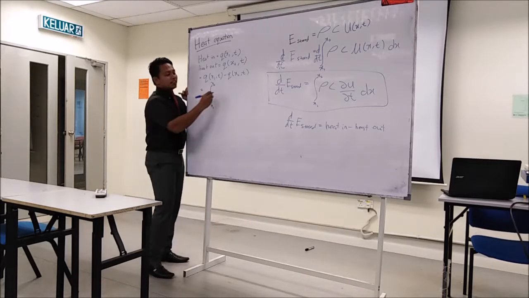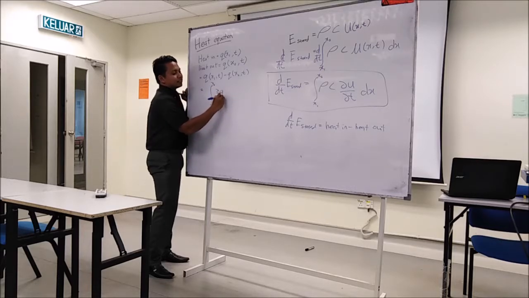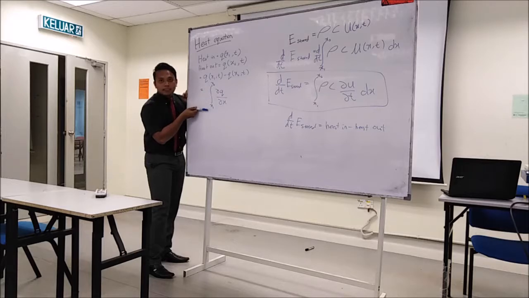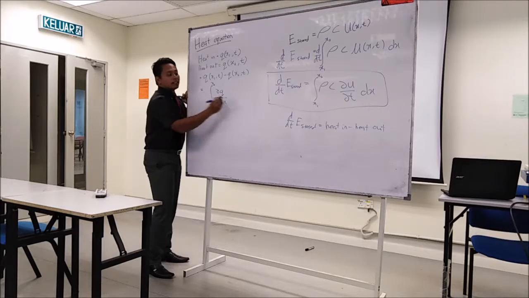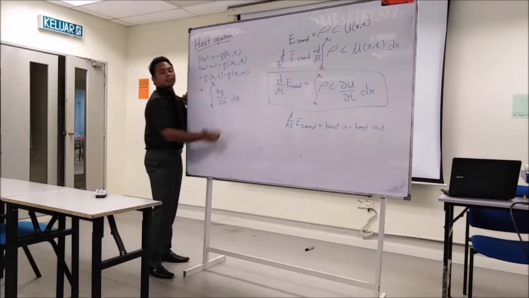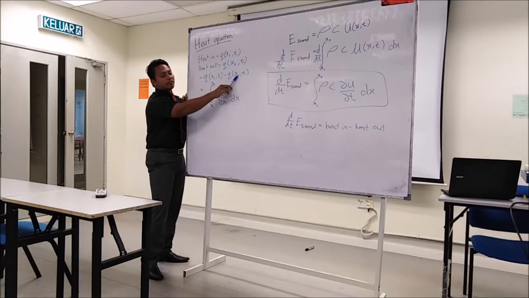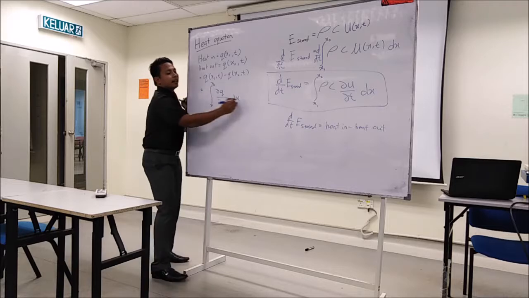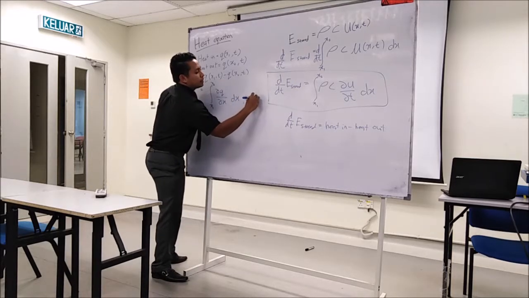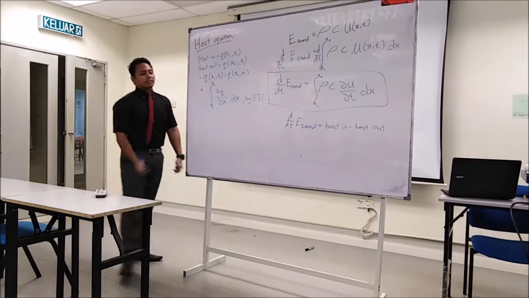So the difference is the change of Q over change of x over the region of x1 and x2, all with respect to x. So this thing can be written as this, by the fundamental theorem of calculus.